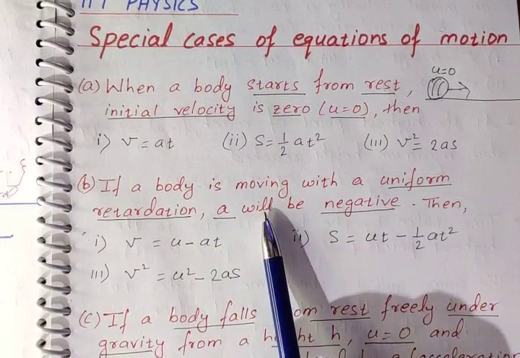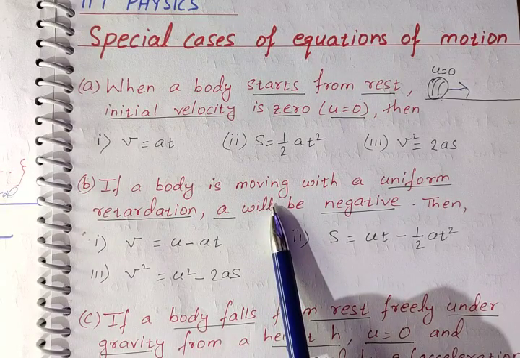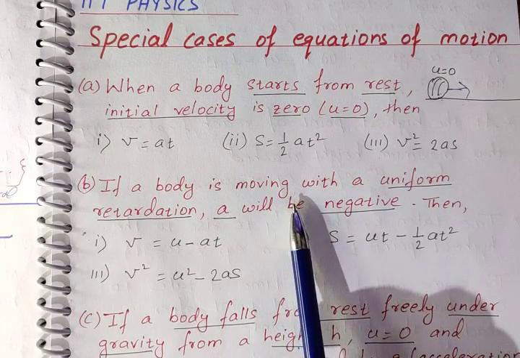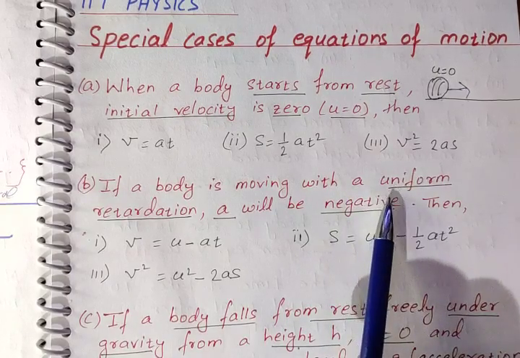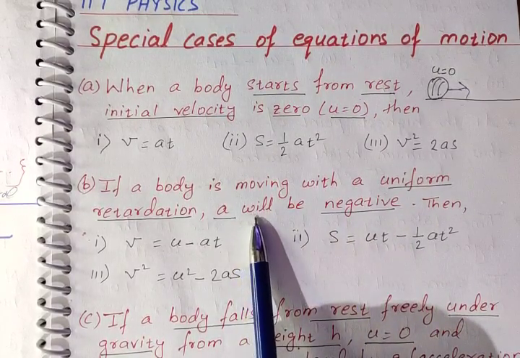What is the difference? When the velocity of the body increases with time, then the body moves, and acceleration is produced.